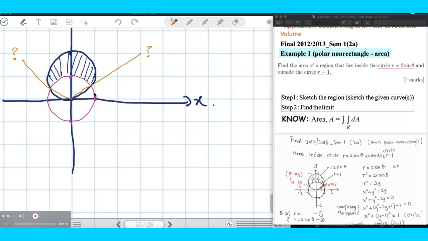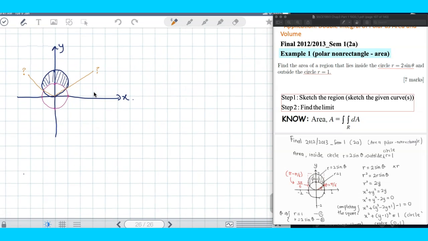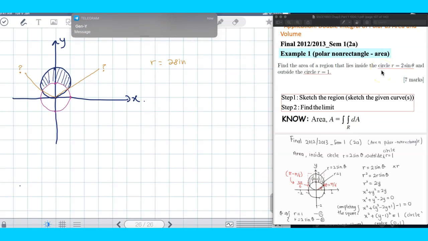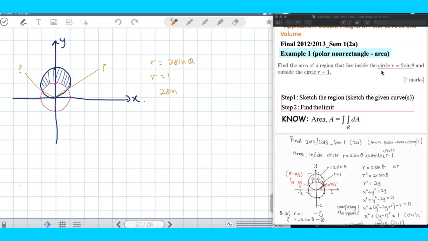To obtain that value, what you have to do is find the intersection point of the two curves given by r equal to 2 sine theta and r equal to 1. So when we solve that, you will get 2 sine theta is equal to 1. Sine theta is 1 over 2. So theta is inverse sine of 1 over 2.